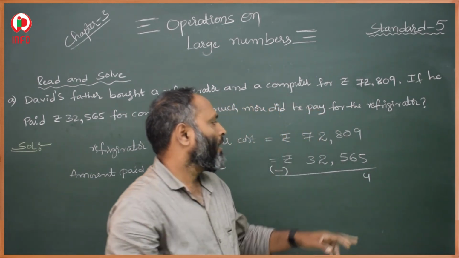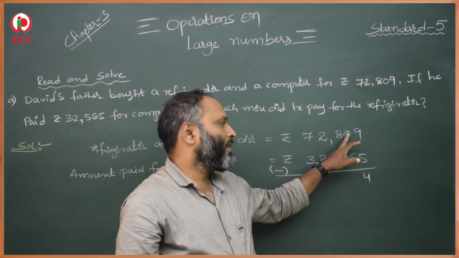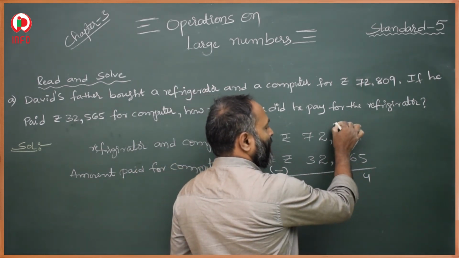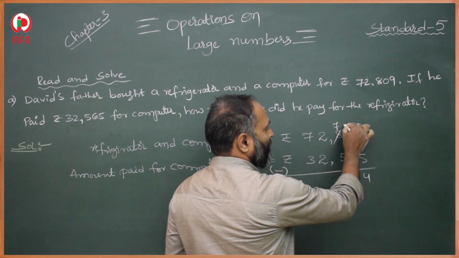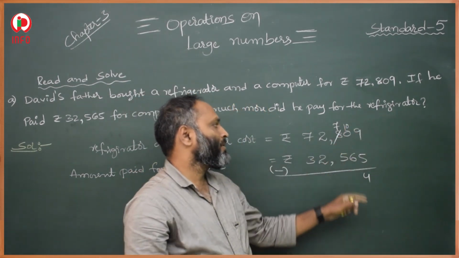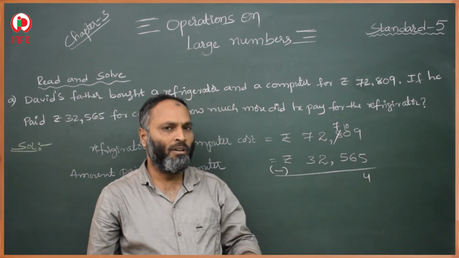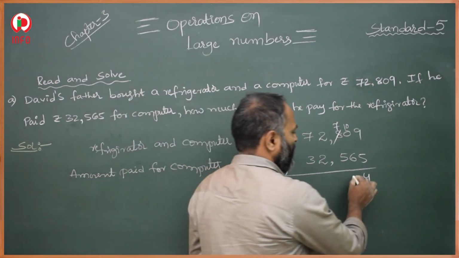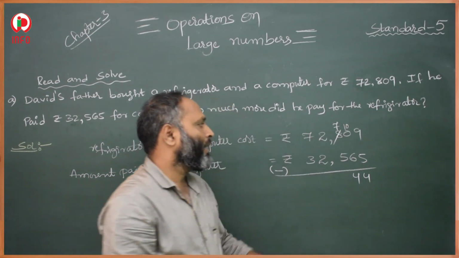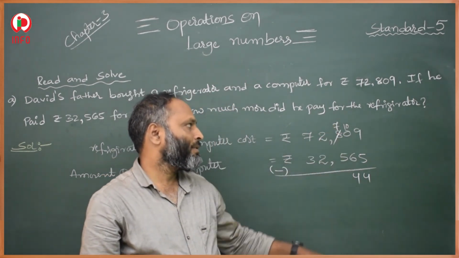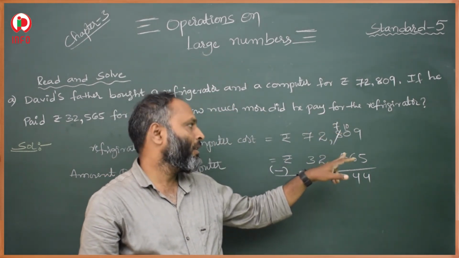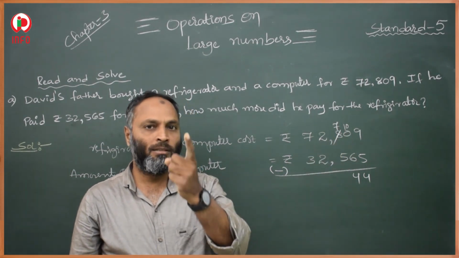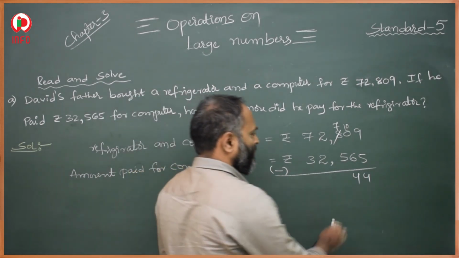This is 4. And here 0 and 6. 0 is less in value, so we take borrow from here. It becomes 7 and this becomes 10. 10 minus 6 means from 7 to 10 we have to count: 7, 8, 9, 10, that is 4. 10 minus 6 is 4. And here 7 minus 5. 7 is a bigger number, no need to take borrow. 5 to 7 we have to count: 6, 7, that is 2.